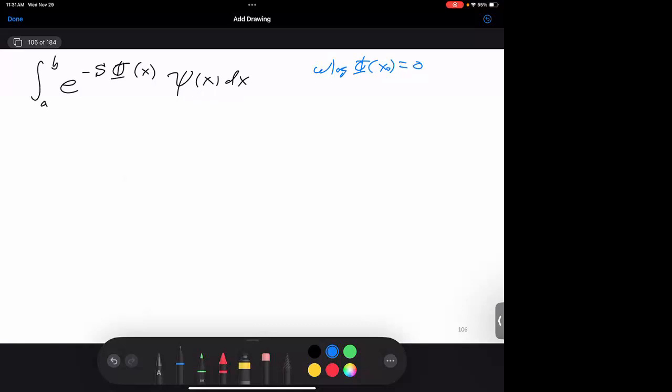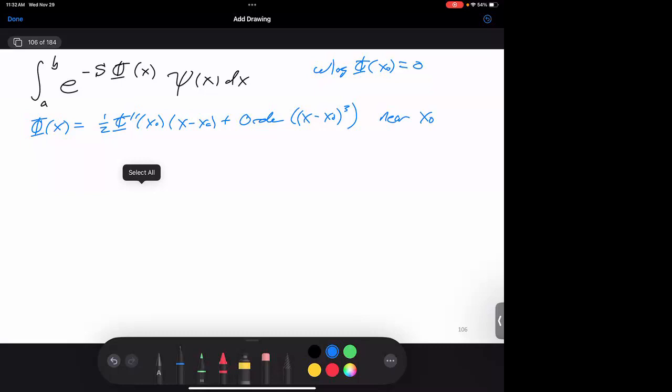So then I can write phi of x as 1/2 phi double prime of x naught, x minus x naught squared, plus I'll write order x minus x naught cubed near x naught. And the claim is that near x naught, this is what's going on.